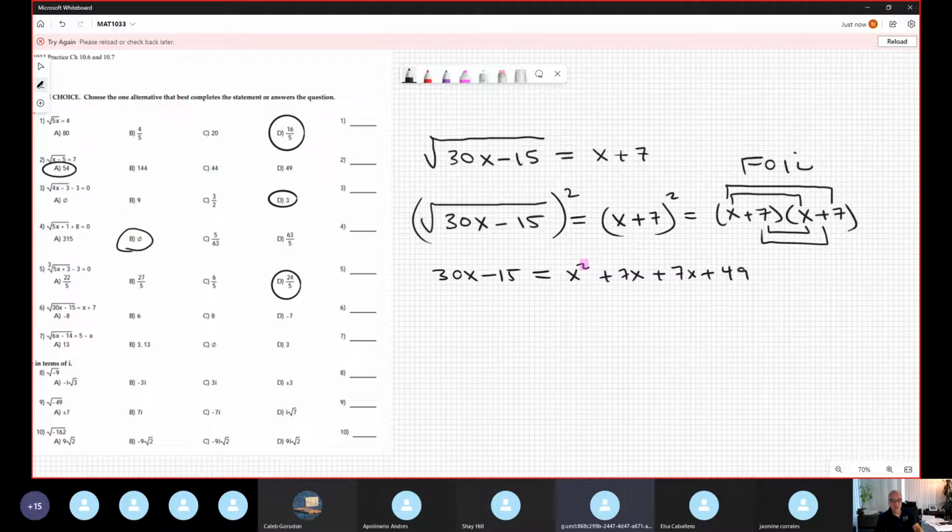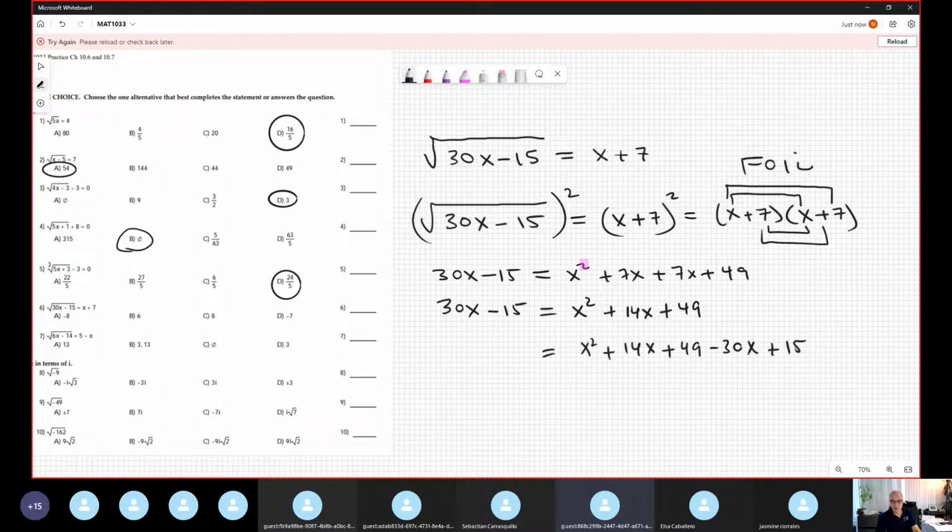So basically, you copy 30x minus 15 is equal to x squared plus 14x plus 49. I prefer to move 30x and 15 to the right. So basically, you group plus 49 minus 30x plus 15. And here, nothing. And nothing is 0.